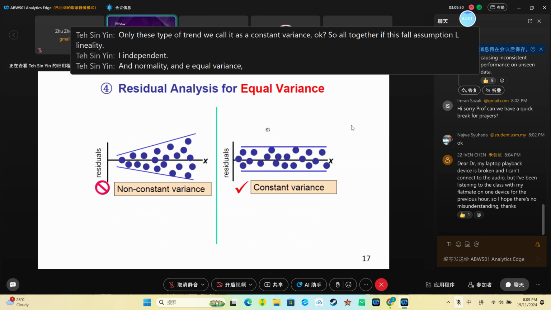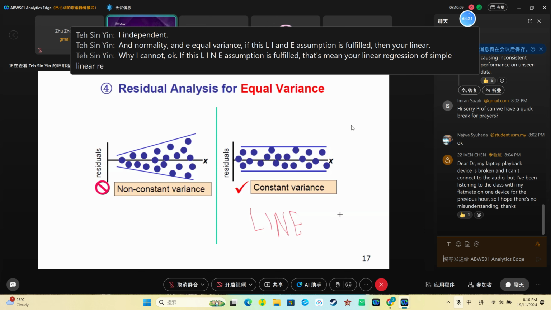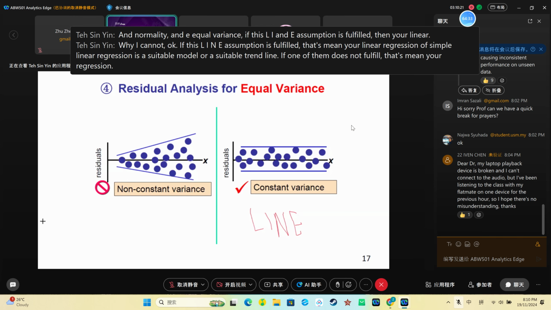If this L, I, N, E assumption is fulfilled, that means your linear regression or simple linear regression is a suitable model or a suitable trend line. If one of them is not fulfilled, that means your regression model is not suitable. So you must fulfill all the 4 assumptions. All right?